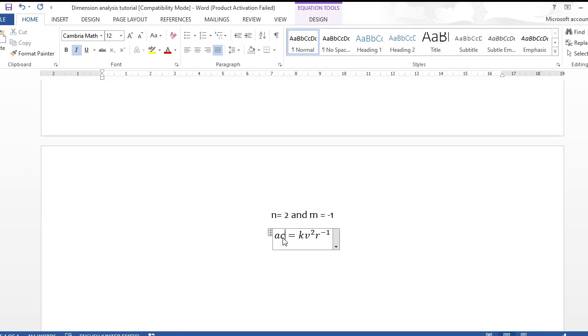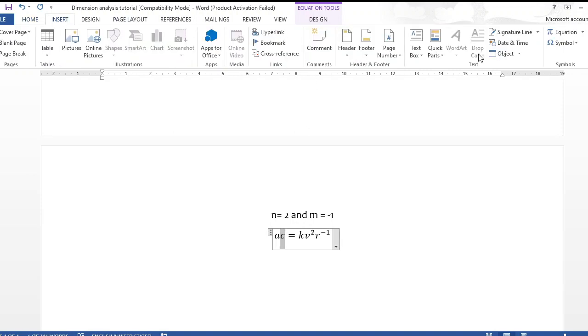So what we are dealing with is the centripetal acceleration. So centripetal acceleration a_c is equal to that one.